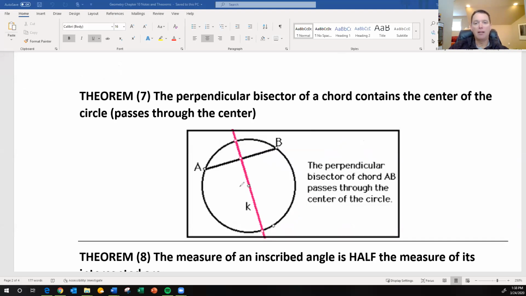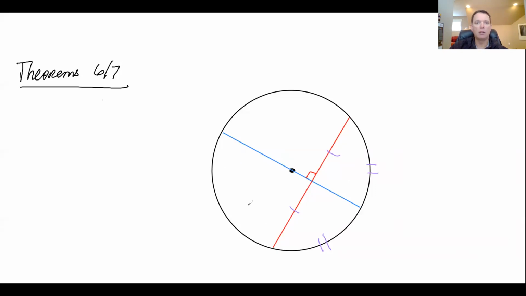Like if I do a chord here, then regardless it has a perpendicular bisector. Okay, I'm not saying it's the blue line, but it has a perpendicular bisector. What the theorem says is that perpendicular bisector, by definition, goes through the center. I mean, it becomes a diameter, but it goes through the center. Okay.